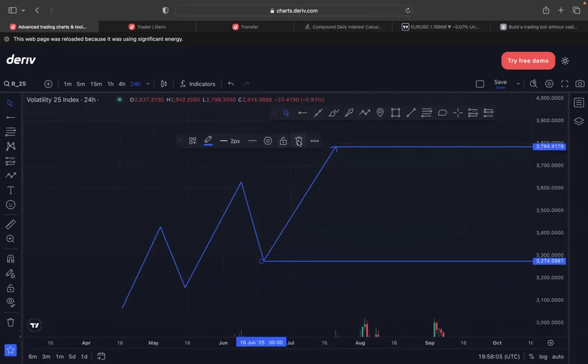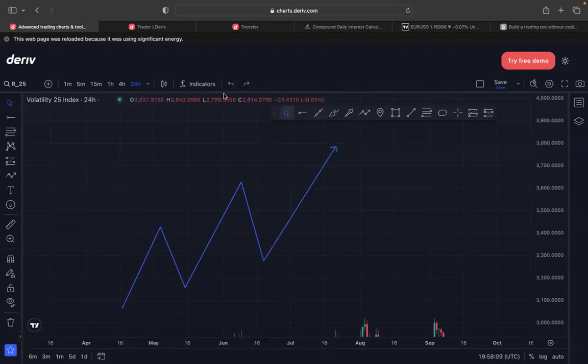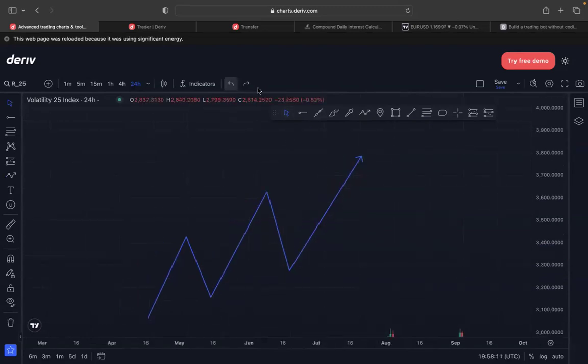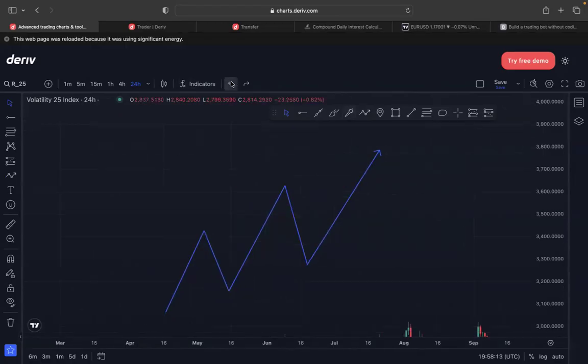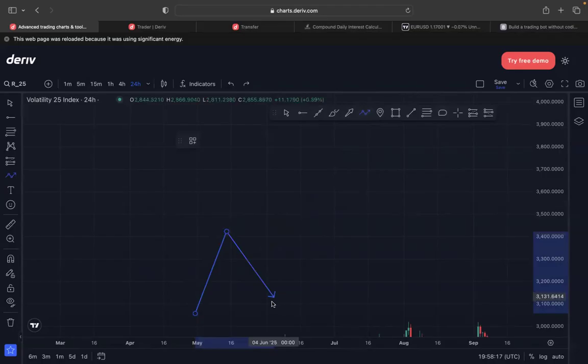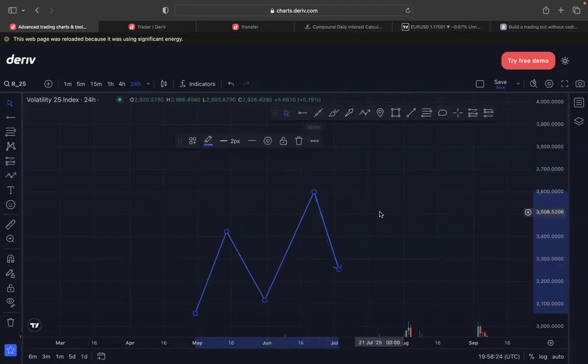Now, let me show you another scenario. Sometimes you are going to see something like this. Hold on, let me draw this properly. We are going to see higher high, higher low, something like this happening. In this scenario, where is the point of interest?